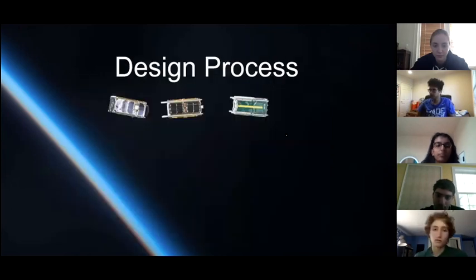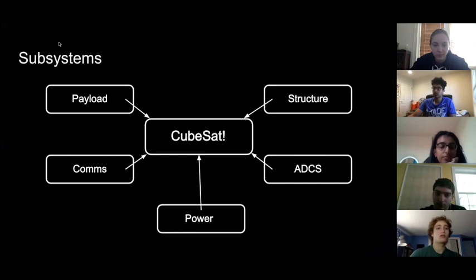All right, so this is the design process and how we implemented those requirements into an actual system. The CubeSat is a complicated system made up of several different subsystems that work together and interface together to make the final product. These subsystems include the payload subsystem, structure subsystem, comms, attitude determination and control system, and the power subsystem.